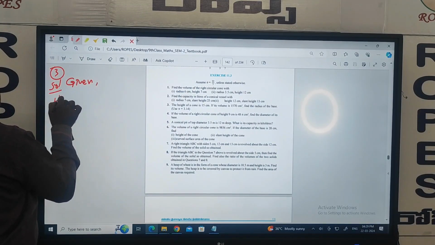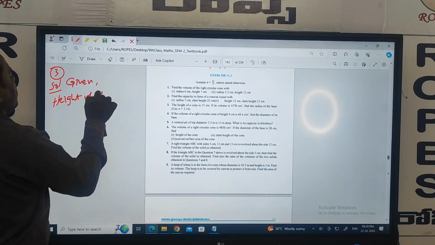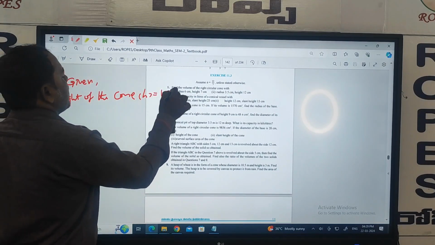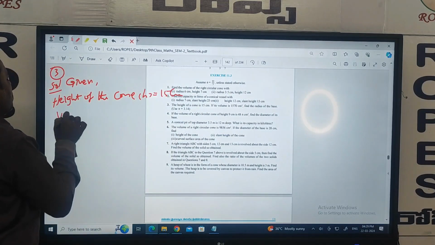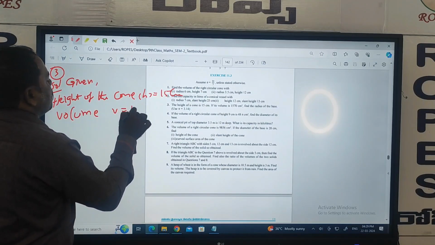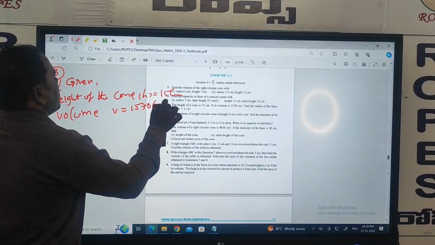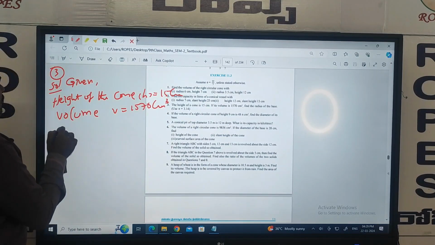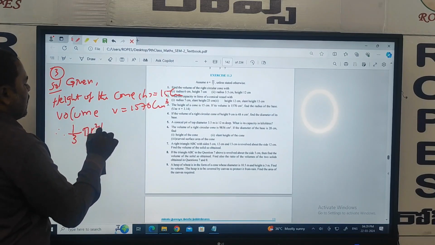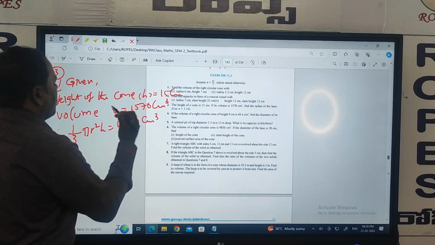Height of the cone, h is equal to 15 centimeters and volume V is equal to 1570 centimeters cube. Therefore 1 by 3 pi r square h is equal to 1570 centimeters cube.